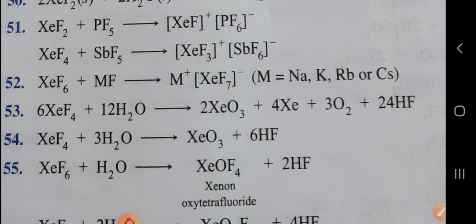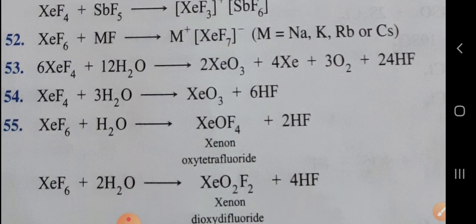Next three reactions are hydrolysis reactions, and when xenon tetrafluoride and xenon hexafluoride undergo hydrolysis, they give different reactions. So these reactions are very important. What happens when xenon hexafluoride undergoes hydrolysis? These reactions are very important, so you just learn these equations because this can be asked.